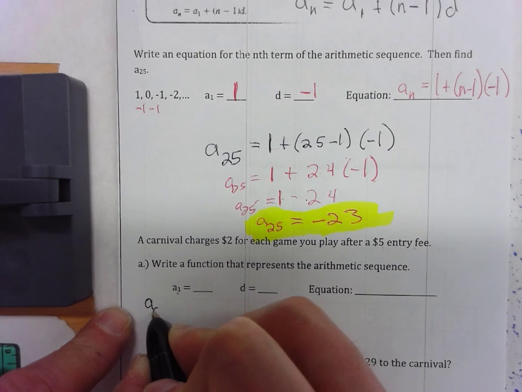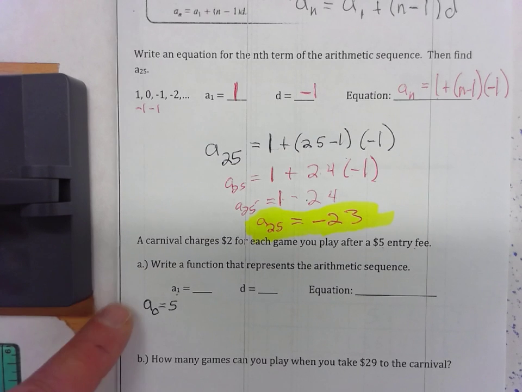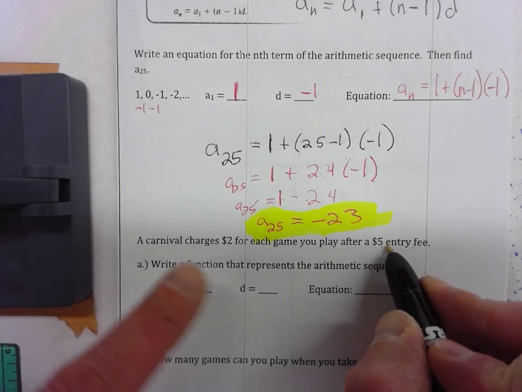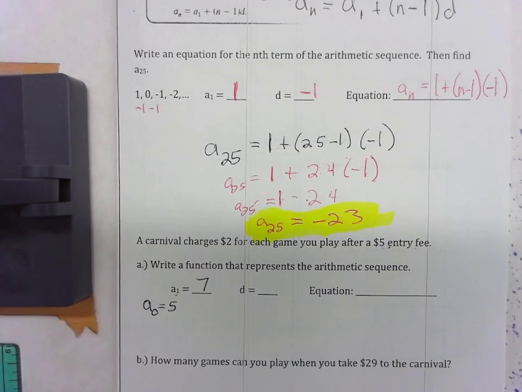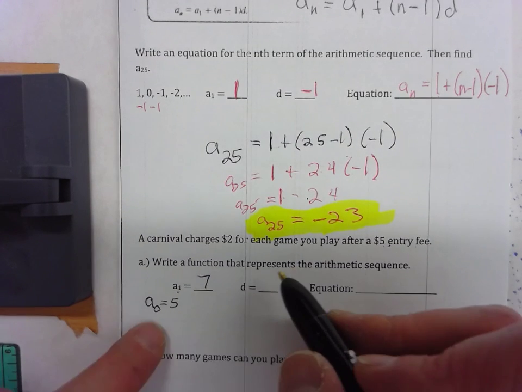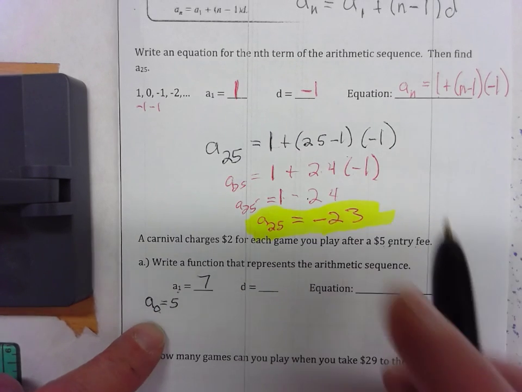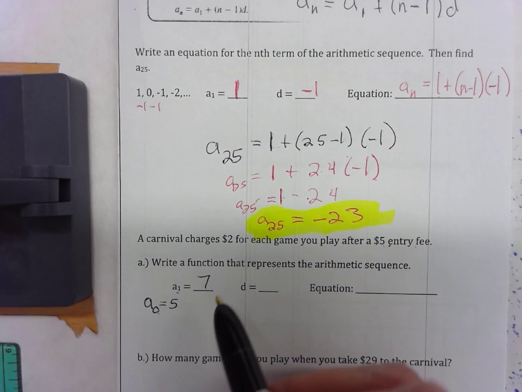Your 0th term is $5, so it's not 5 for your first one. Your first term is actually 5 plus 2 because you play 1 game. That was what was screwing me up. Your 0th term is 5, which does not factor into your formula. So your first term is 7 right there.